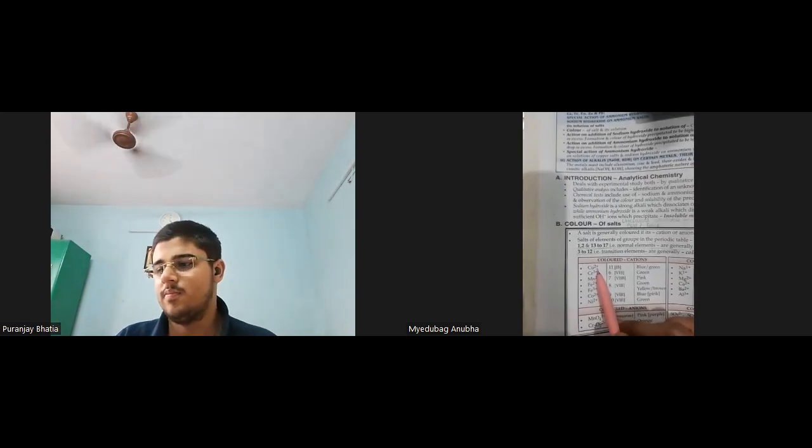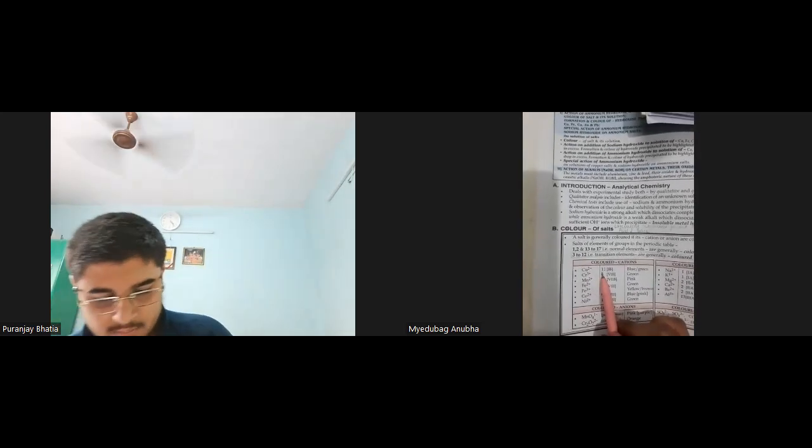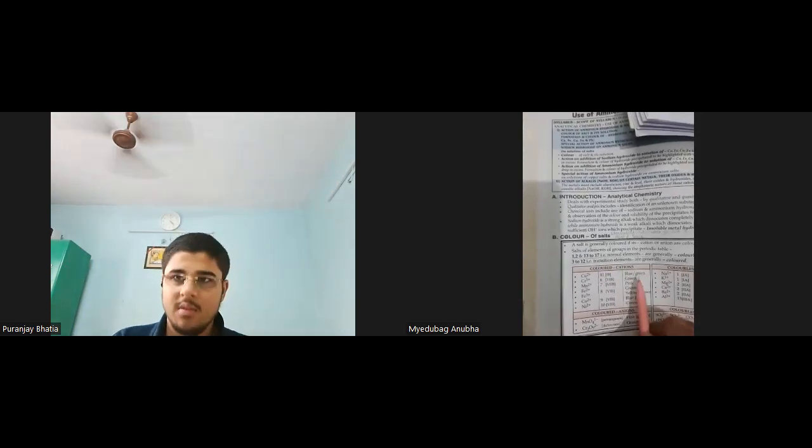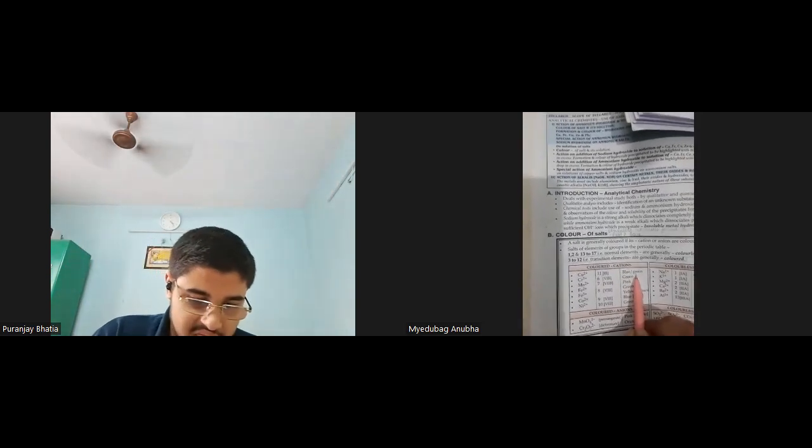We know copper very well because we have been studying about it so far. Copper comes under group 11, the transition series, and its color is blue, and it turns green when it gets oxidized. Chromium belongs to group 6. Its color is green.